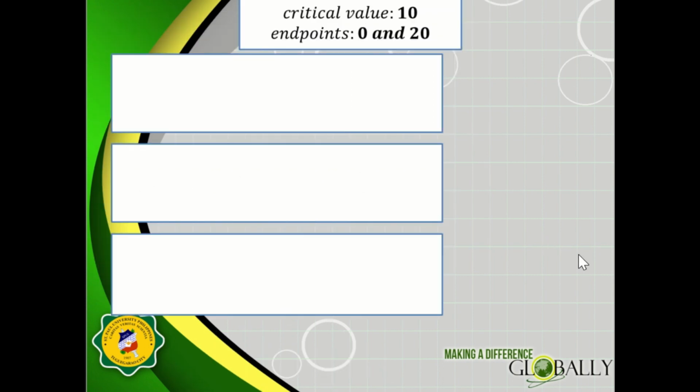So now we have our critical value, which is 10, and our endpoints 0 and 20. The next step is to find the absolute maximum and minimum by substituting these values into the original equation, which is P of x equal to 10x minus 0.5x squared minus 20.